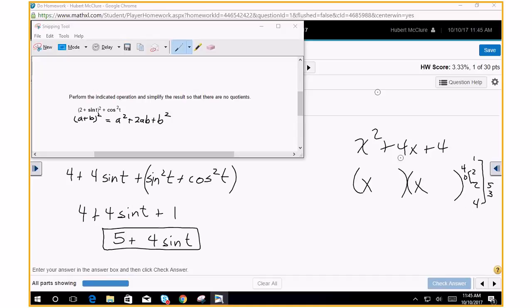We want 4, so it would be 2 and 2. This is positive, which means like signs, so this will be positive. So x plus 2 quantity squared. That's the reverse FOIL. Remember doing that? The shortcuts are the 5 shortcuts. Did I go over those with you?